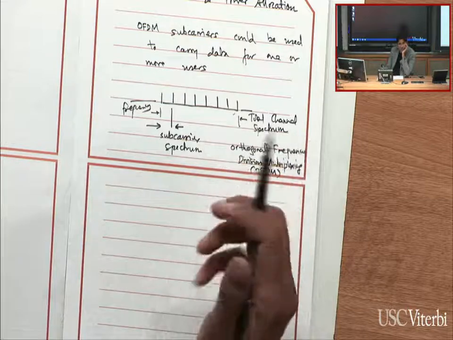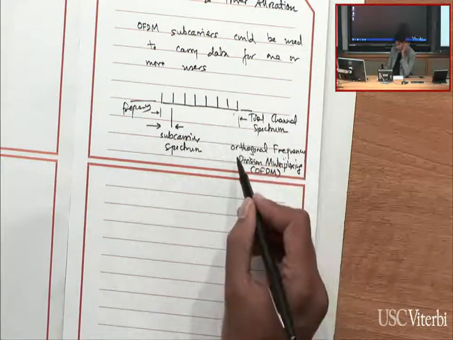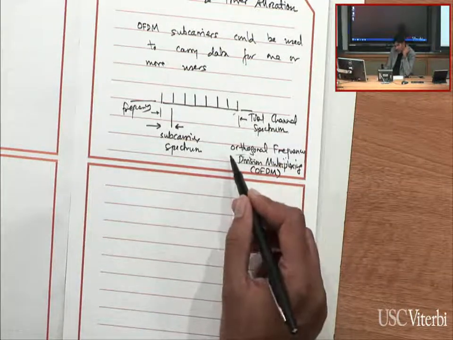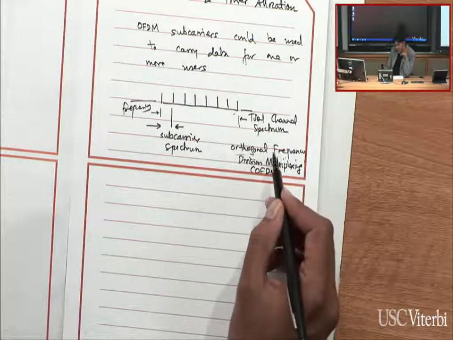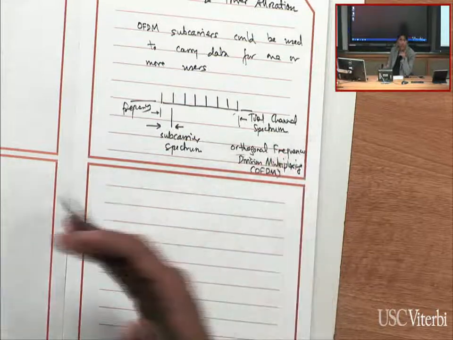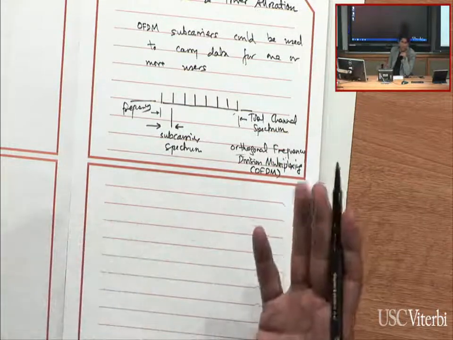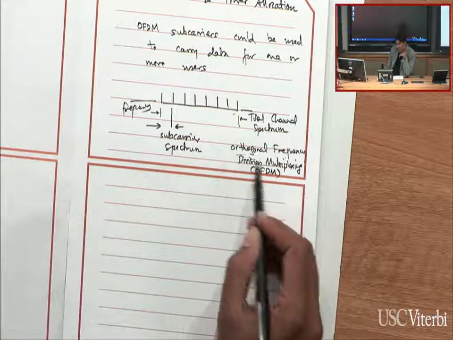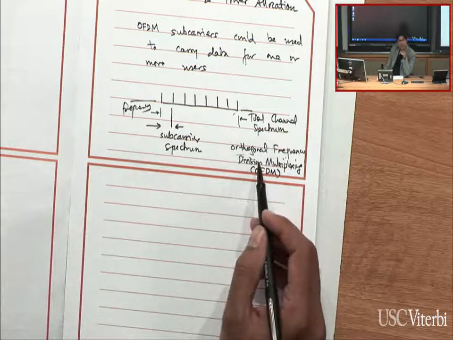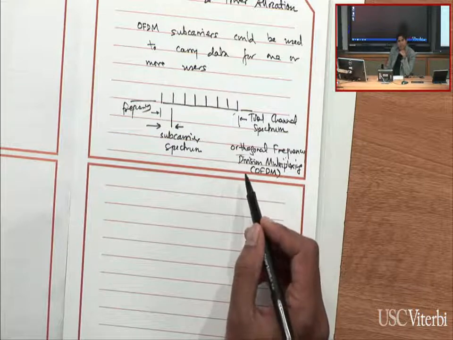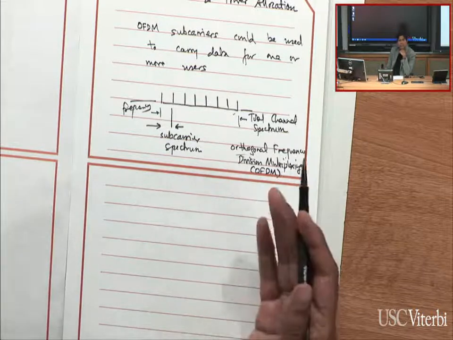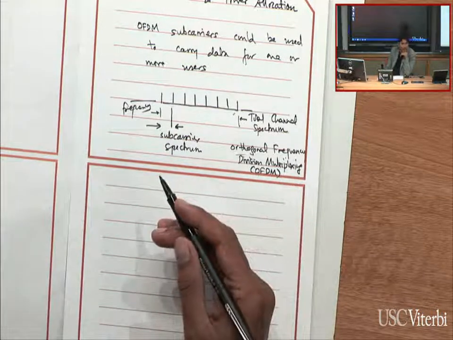Okay, so this phrase orthogonal sometimes throws you off. Personally, when I first heard it, I kept getting confused about why bother calling it orthogonal. I mean, if they're on different subcarriers, why would they not be orthogonal? But I think the reason they were emphasizing this was that when this technology was being developed, it was seen as an alternative to CDMA.